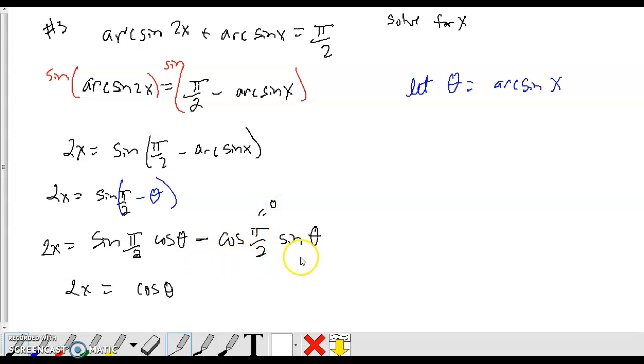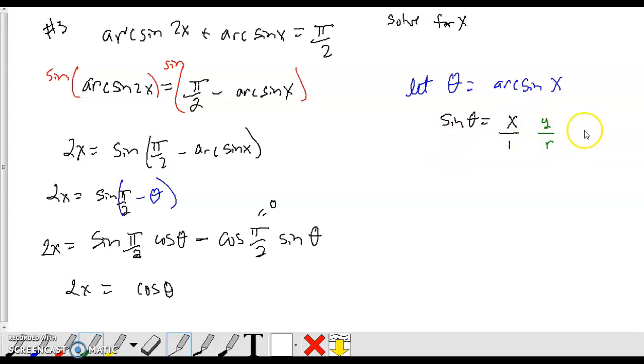That's really nice. So essentially, I just need to figure out what cosine of theta is and set it equal to 2x. So I'm going to come back over here, and I'm going to say sine of theta is equal to x. All right, well, that didn't help me, but what I do know is that it's x over 1. So this is where it gets a little tricky. We have to remember that this is your y over your r, so we have to think about it in those terms.